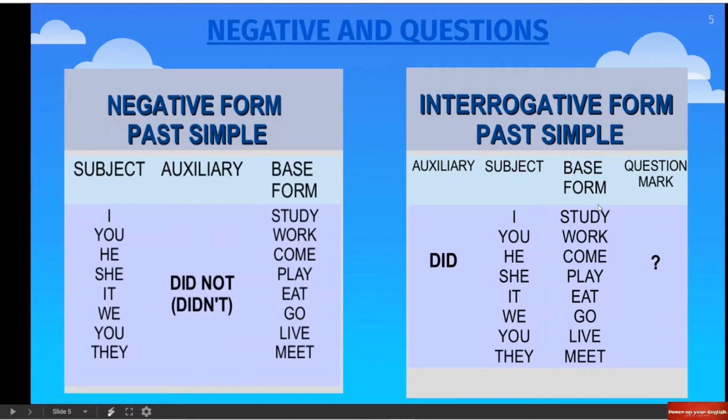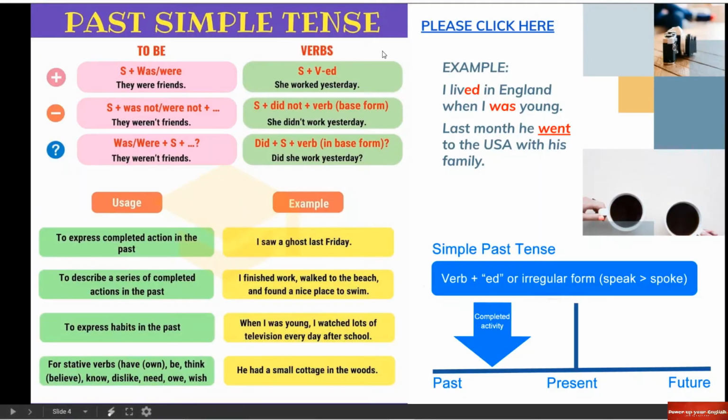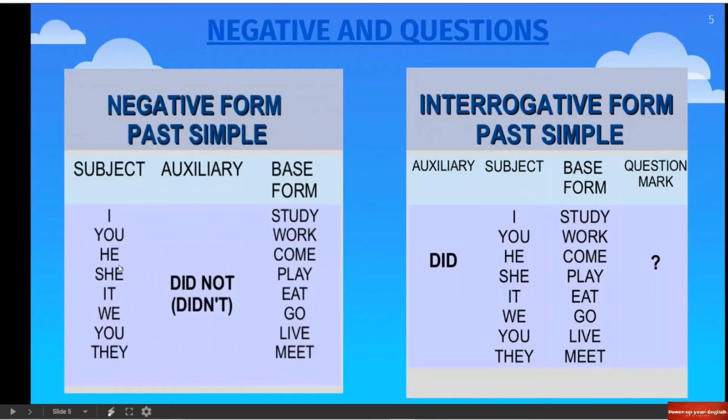Now, look that the verb is always in the base form of the verb. So if in the affirmative sentence we add ed, so for example, she worked yesterday. In the question, I say she didn't work.